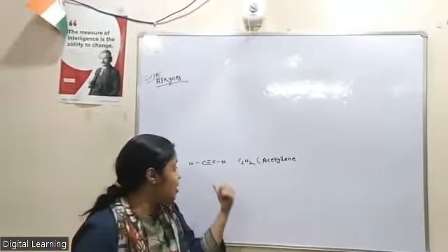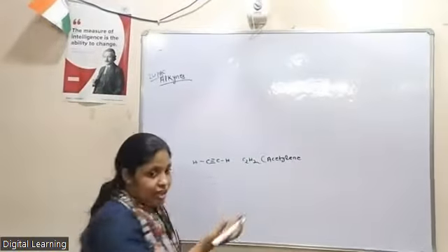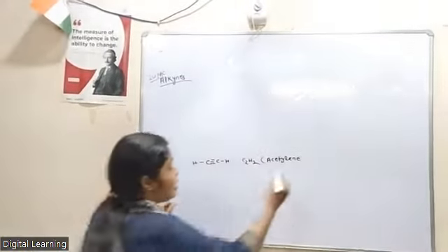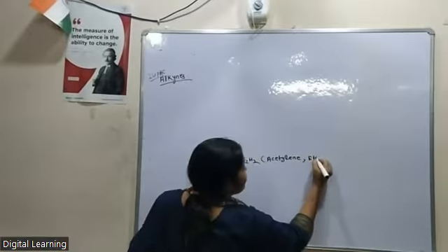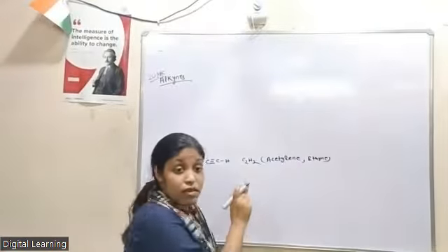If we give its IUPAC name, then no substituents. What will be the word root? 2 for eth, then yne: ethyne. In alkene that was ethene; in alkyne that is ethyne.